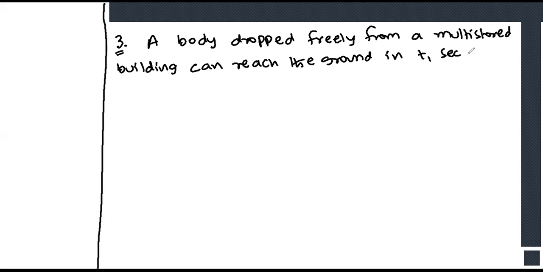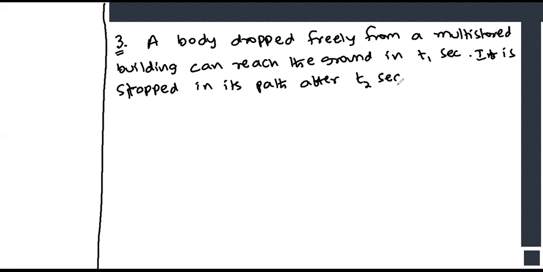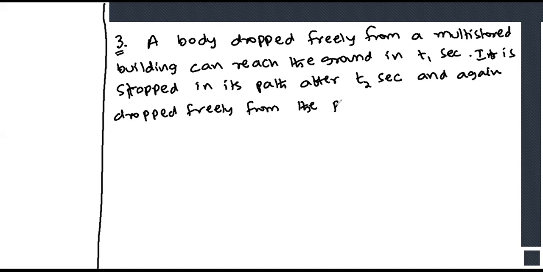It is stopped in its path after T2 seconds, and again dropped freely from the point.